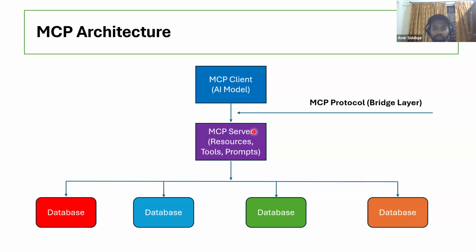And once you have all of that in the MCP server, you will create an MCP client where you will use any LLM model, and then you can make a call, and the call will go to these resources. Maybe the LLM will decide whether it wants to use a tool or an API, or even if it wants to call a prompt, and then it will use it and give you the output. So between this client and server, there is this MCP protocol.